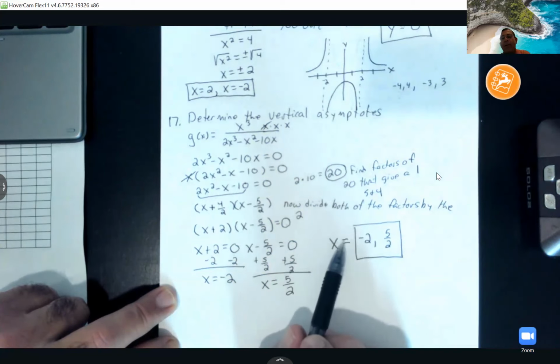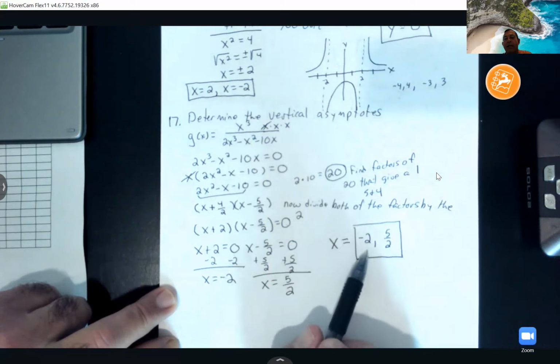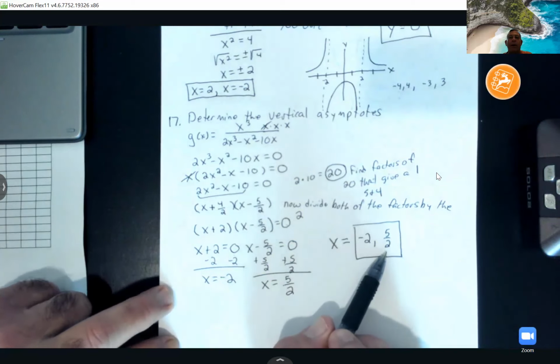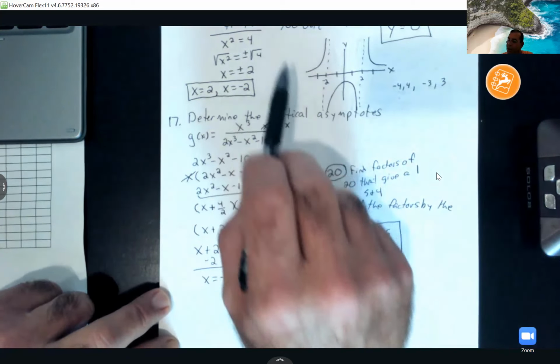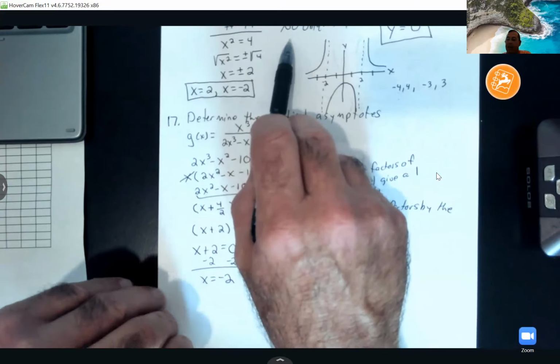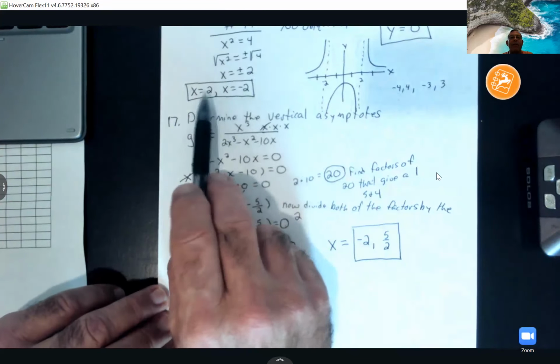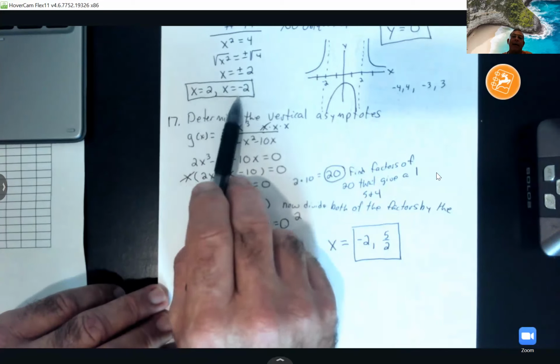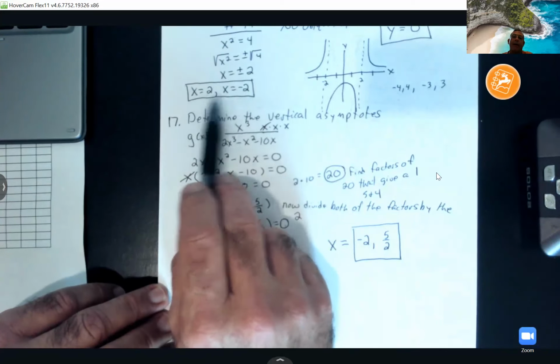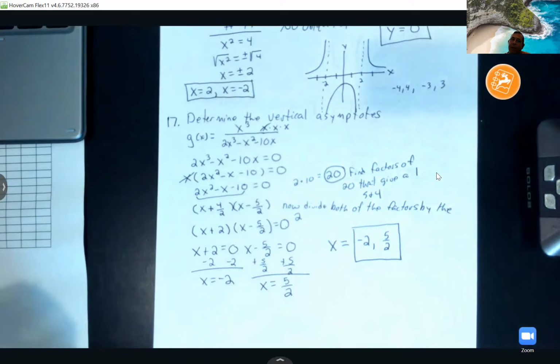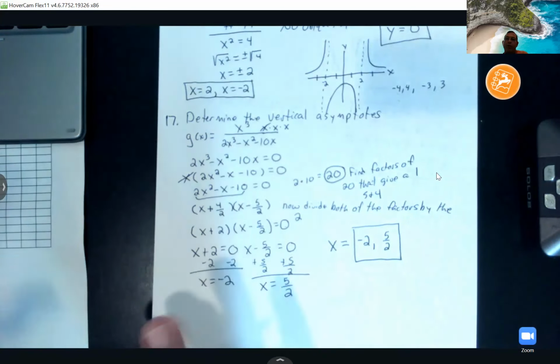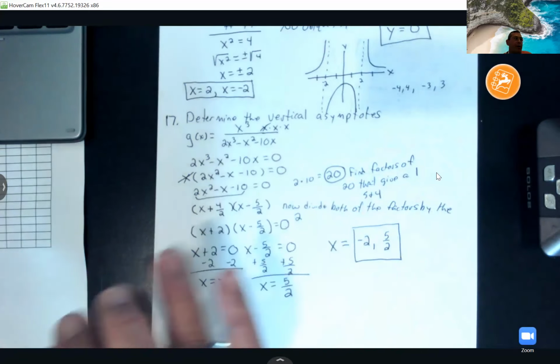Do they already have the x equals? Okay, so this one did, so I just put in the 2 numbers. But remember on this one right here on 16, I had to write them as both equations because they didn't have the x equal part. Okay, so be careful and look at them answer blanks. But those should follow pretty much what we're doing here, okay?